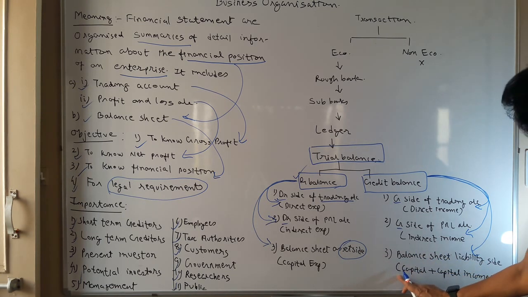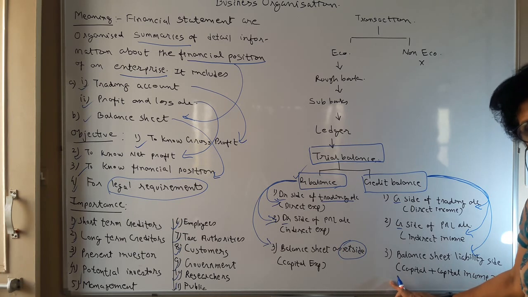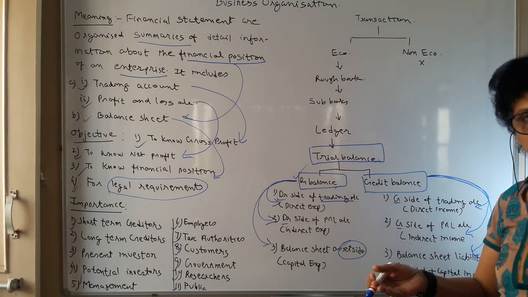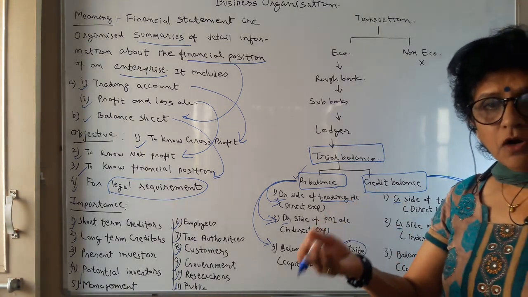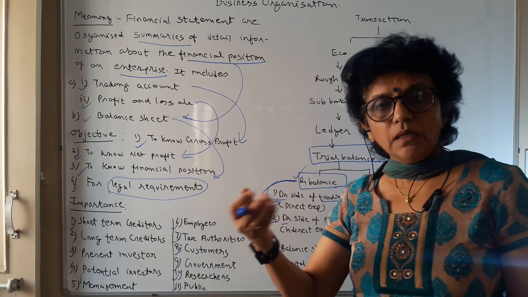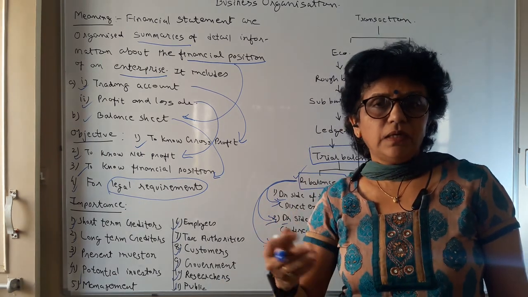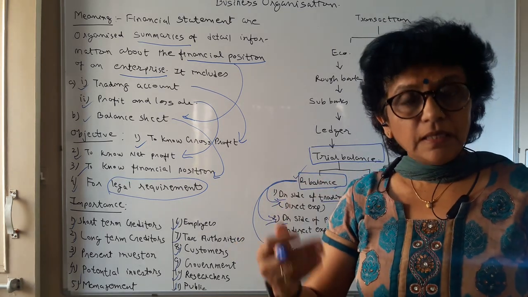Liability side means capital. Capital itself is a liability, plus other liabilities. Which are they? You may have capital income, which will go to the credit side. You may have capital reserve, you may have building fund reserve.